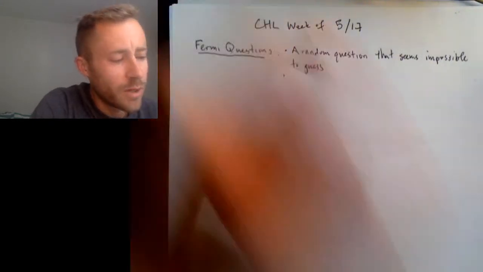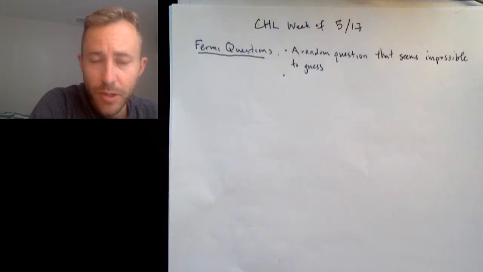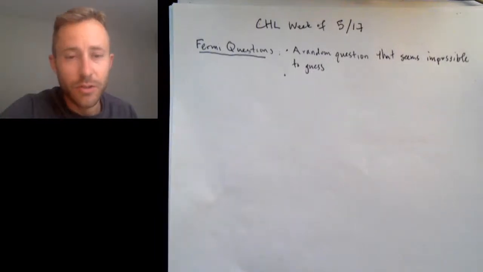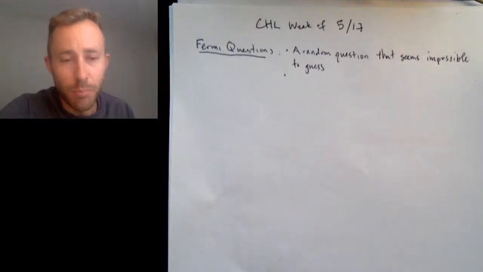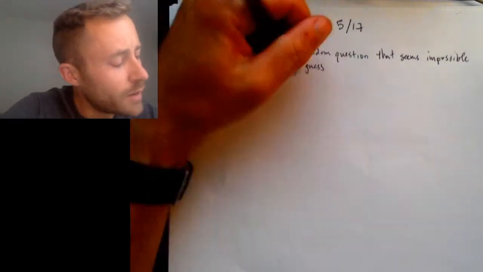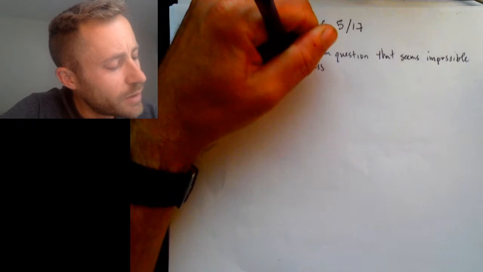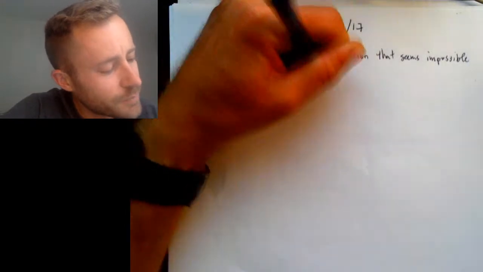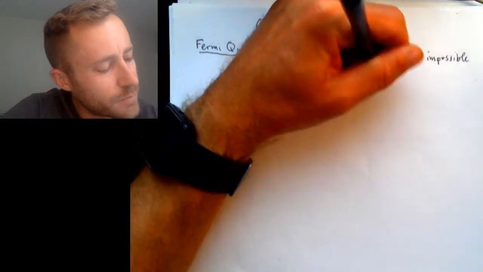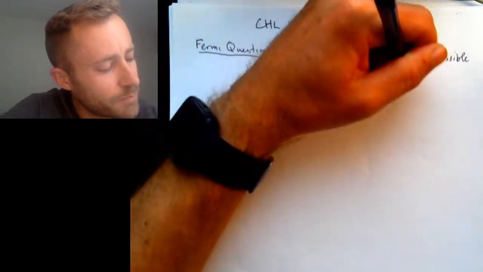So basically, to solve Fermi questions, no 2 people are going to have the exact same answer, but they should be in the same ballpark. And so our goal is to get the answer within a power of 10.